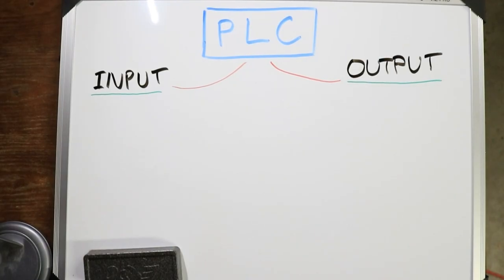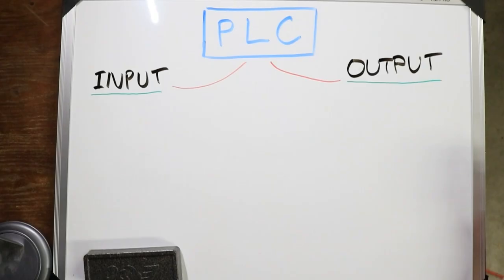And usually it will start out at a normal state, either on or off. And when that state changes, the PLC reads it and gathers that information, and depending on how you program it, it'll send an output signal to do something else. Okay? So that is the input.